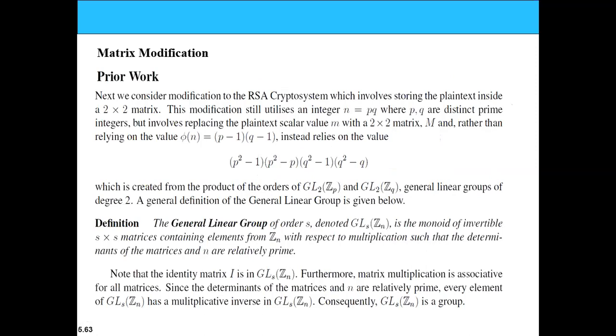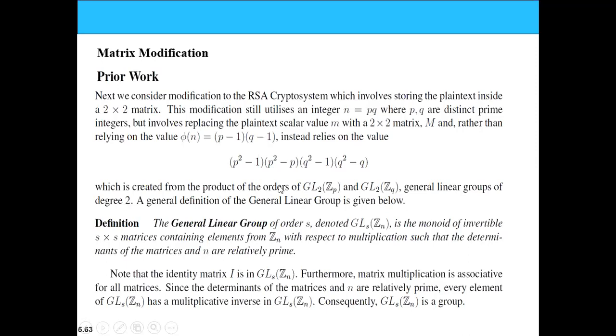If you have a matrix under modulo n, where n is p into q, and p and q are distinct primes, and you want to replace the plain text m with a 2 by 2 matrix M, then rather than playing with phi of n, we will instead rely on this expression, because the order of such a matrix group will be p square minus 1, p square minus p, q square minus 1, q square minus q.